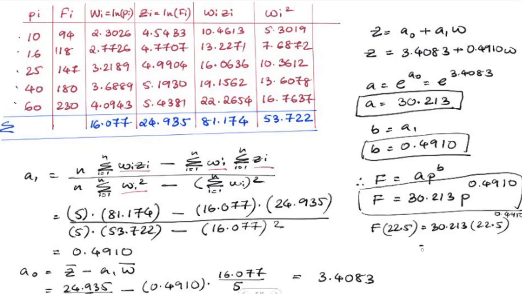So you'll get the answer as 139.4 gallons per minute. That's the end of task 2.